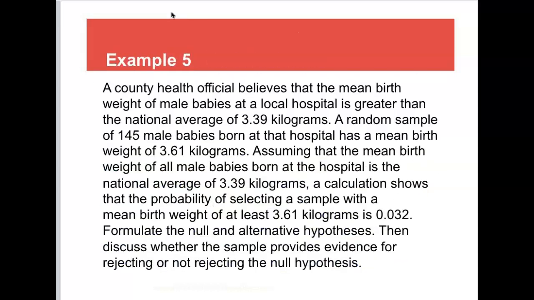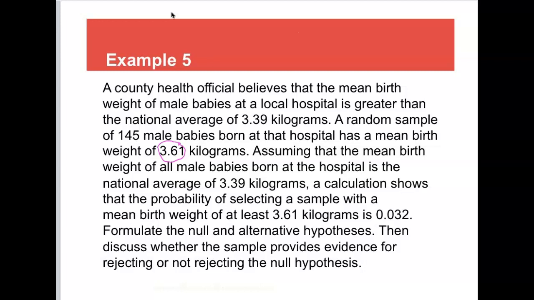All right. Last one. A county health official believes that the mean birth weight of male babies at the local hospital is greater than the national average of 3.39 kilograms. A random sample of 145 male babies born at the hospital has a mean birth weight of 3.61. So this is their sample.